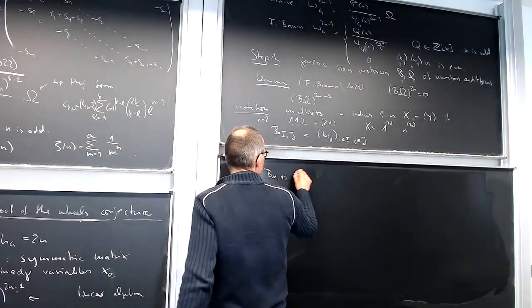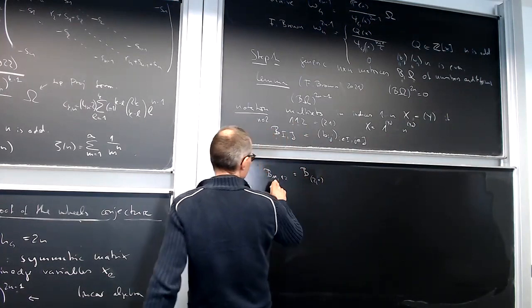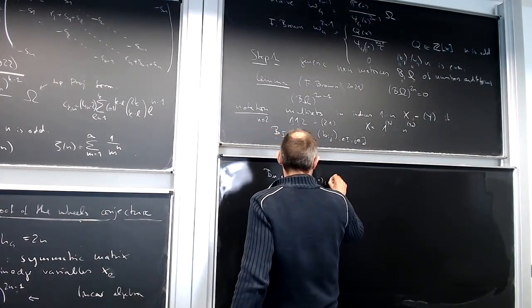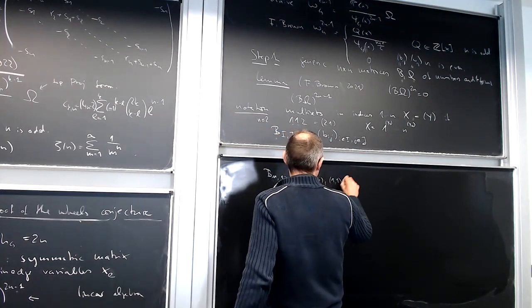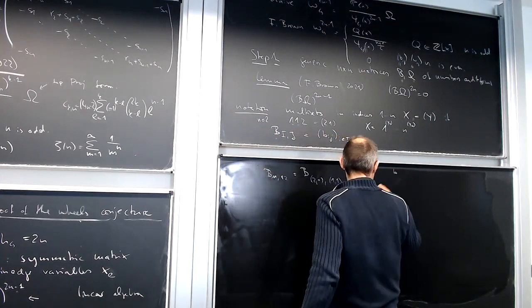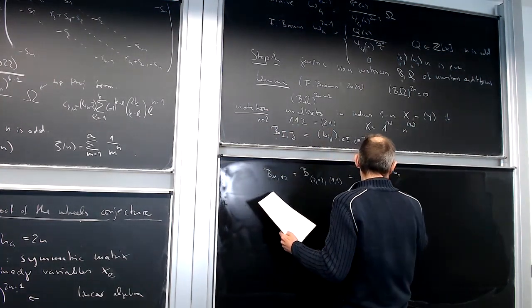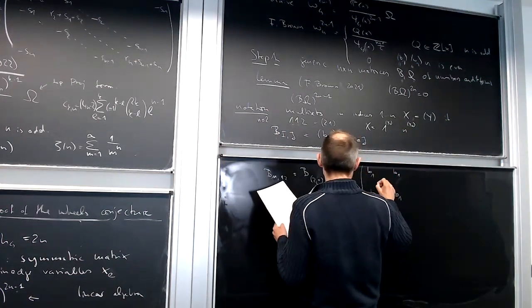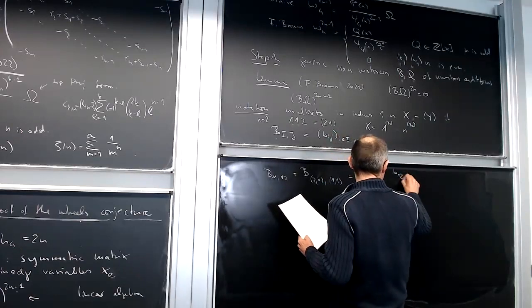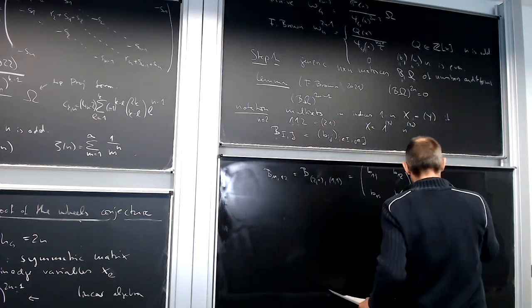B11, 1, 2 is the same as B with 2 ones, 0 twos, and 1 one. And this is the matrix. We have a 2 by 2 matrix B. The row entries are the ones here, and the column indices are 1 and the 2 here. And we need a permanent.